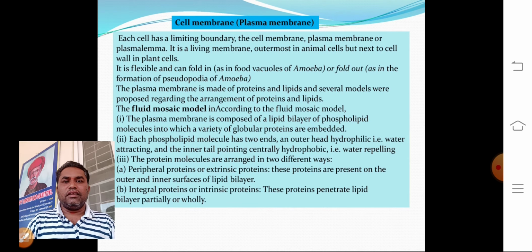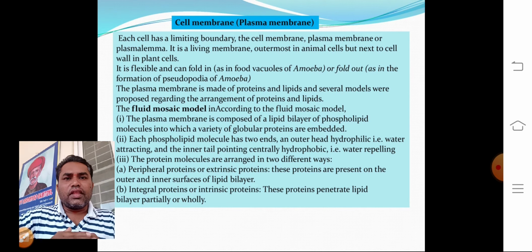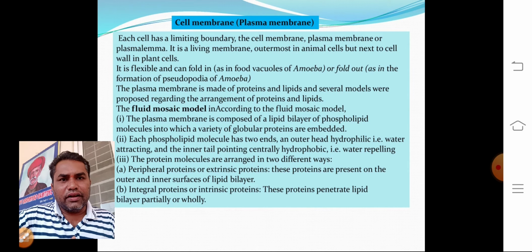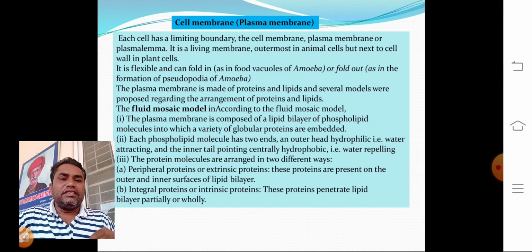This plasma membrane is very flexible, and in some organisms, particularly amoeba, it folds and forms food vacuoles, and it is responsible for the formation of pseudopodia, which are locomotory organs.